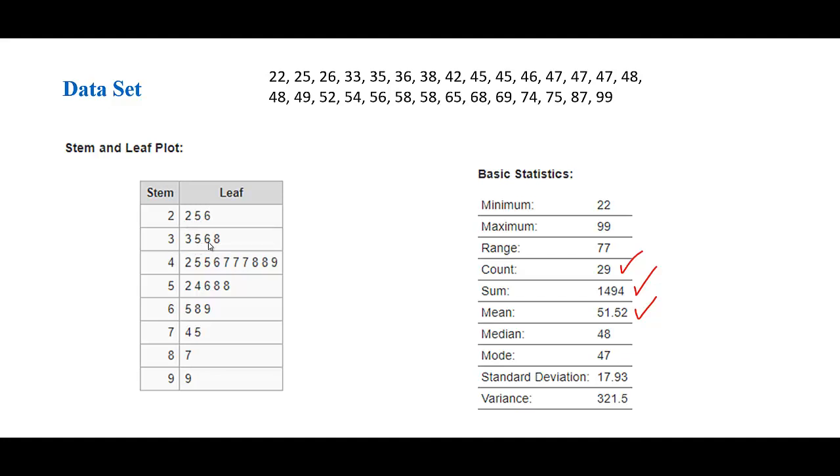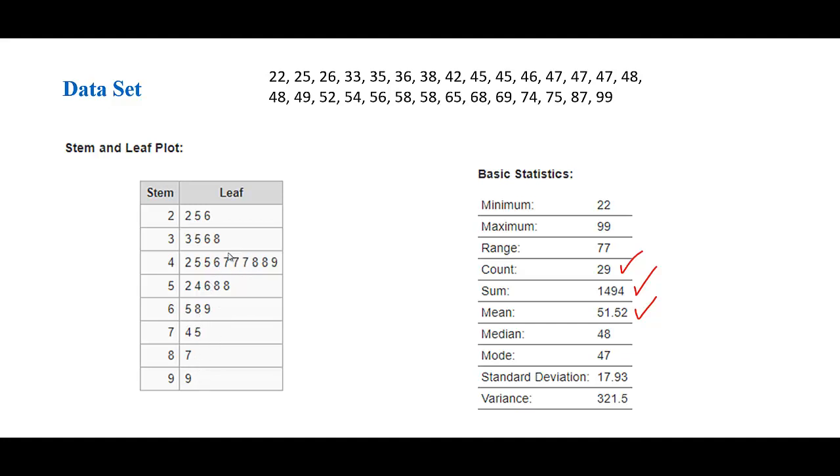Here all the unit places appeared one time, but you can see here that this 5 appeared 2 times and this 7 appeared 3 times. So this 7 appeared most of the time in the whole of this leaf area.